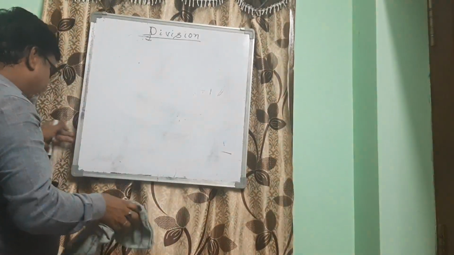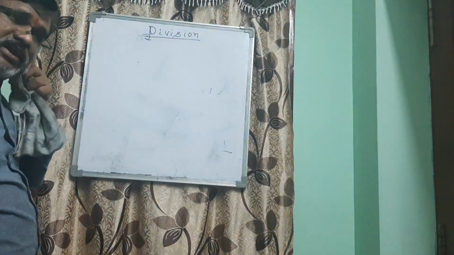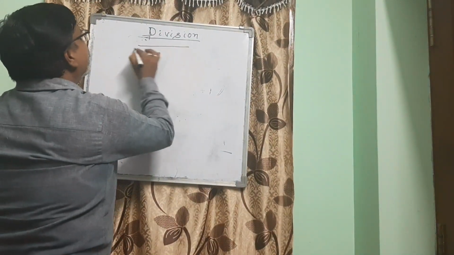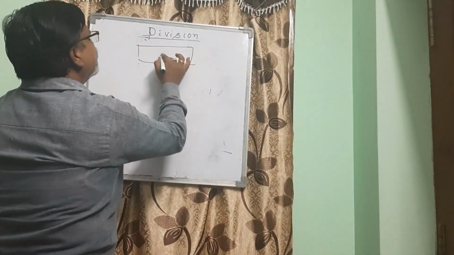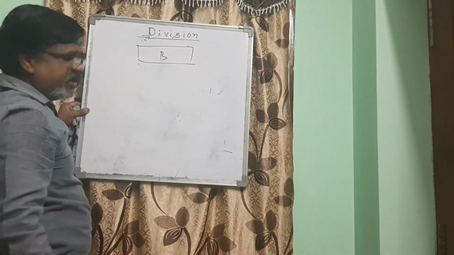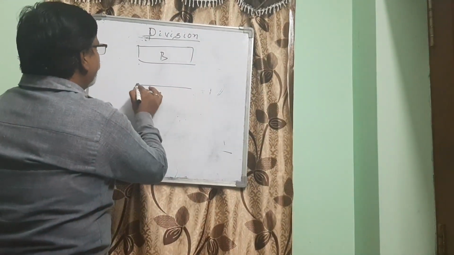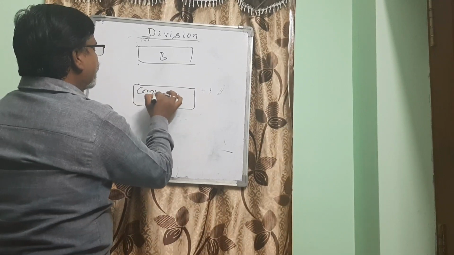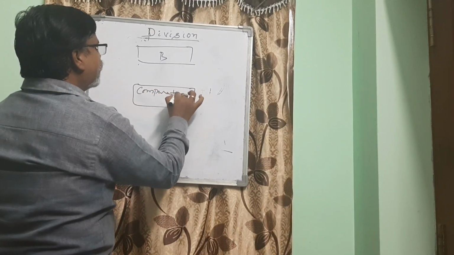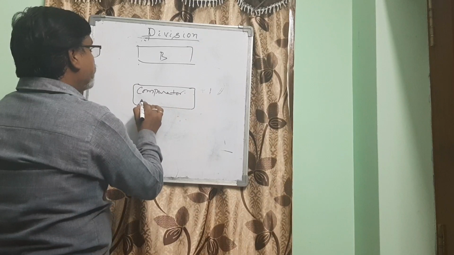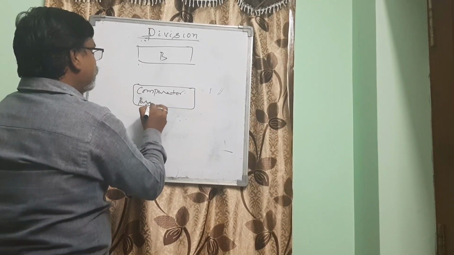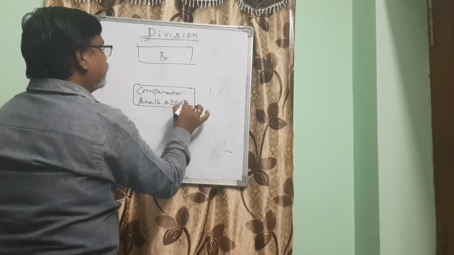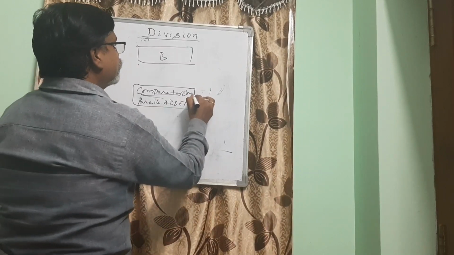See, if you remember the hardware representation of the multiplication operator, we used a register B, and a comparator or complementer, then a parallel adder. So here a parallel adder with a complementer also.